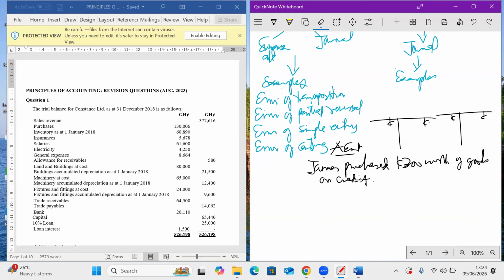So the two accounts are James' account, which is a personal account, so James' account will come here. Then we, the business, sold to James, so sales will come there. Are you getting it? Let me make it 305, so that you can get the concept of the transposition error.